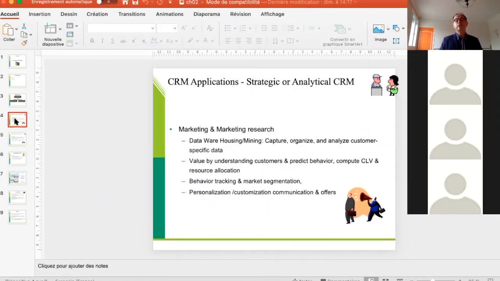So strategic or analytical CRM starts with marketing research, in order to listen to the customer and to understand the customer. So you start by creating the database, by doing data mining in order to capture, organize, and analyze the customer data. Then you have to understand the customer lifetime value by customer. You have to predict the customer behavior.